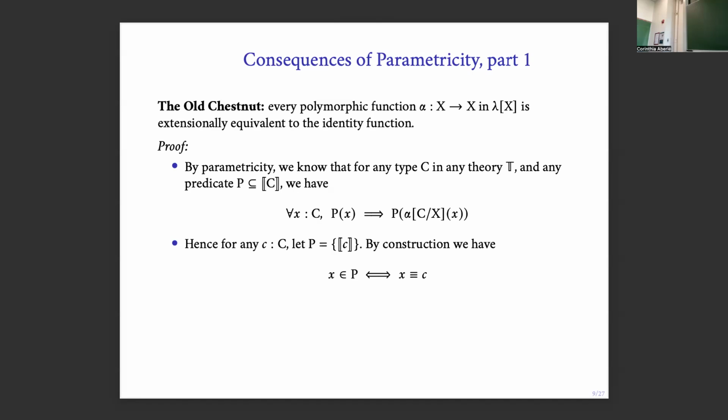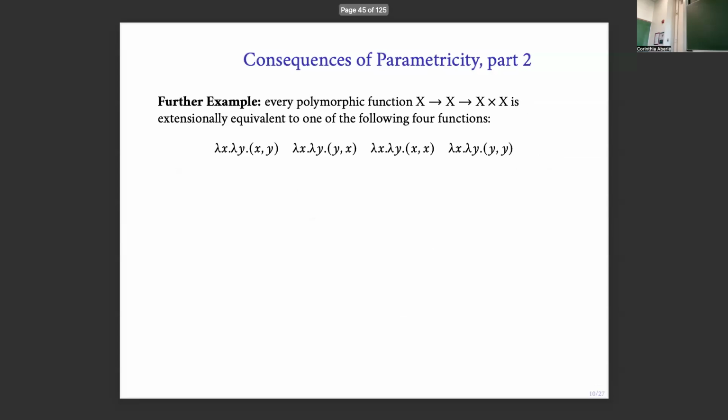And then by construction, we have that X is in P if and only if X is judgmentally equal to c. And so it follows that alpha with big C substituted for X applied to c must be judgmentally equal to c for all c in C. So alpha always computes to the identity function on every type you can instantiate it with.